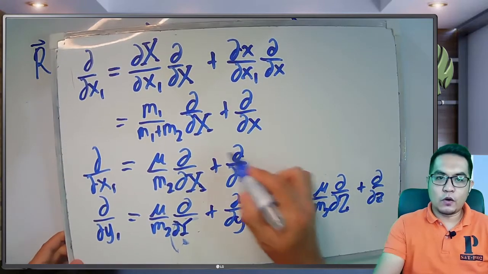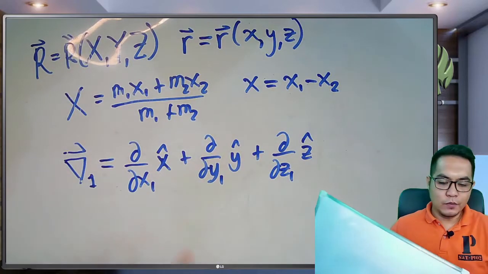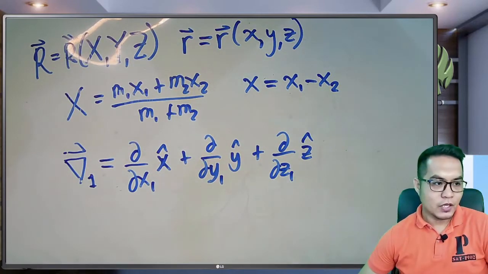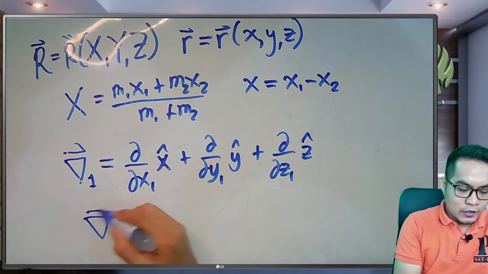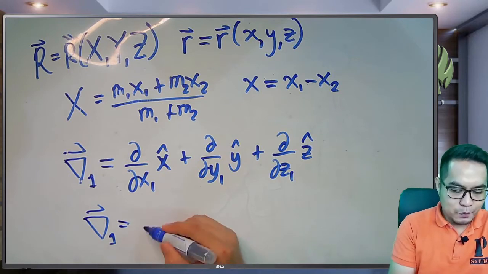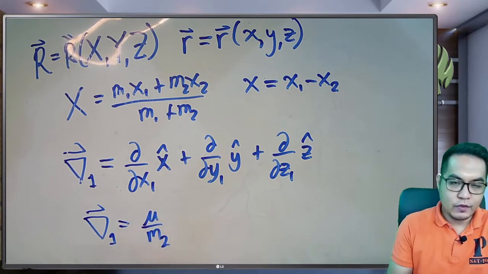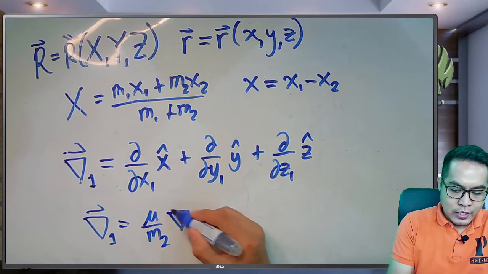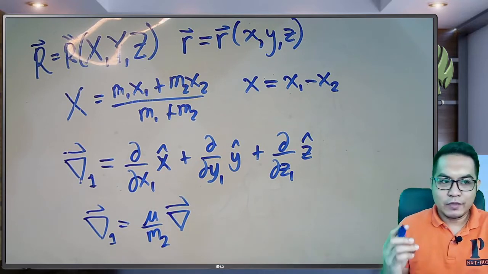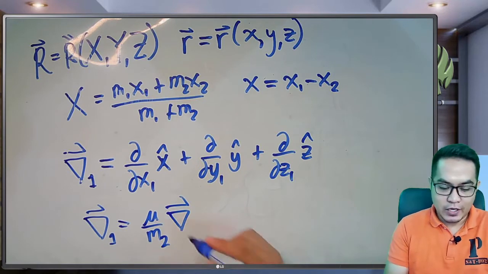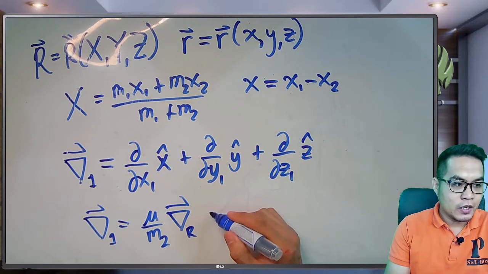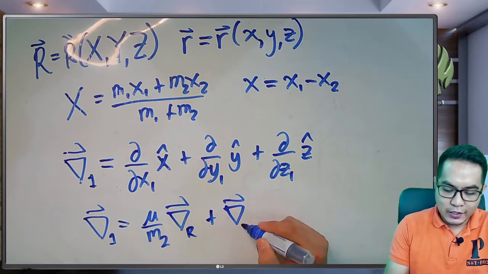Now you substitute all of this into this equation and simplify, and you can write the del operator acting on particle 1 as simply mu over m2. They have the same factor, and you group all of the operators with respect to capital R, and that is basically the del operator acting on capital R plus the del operator acting on r.